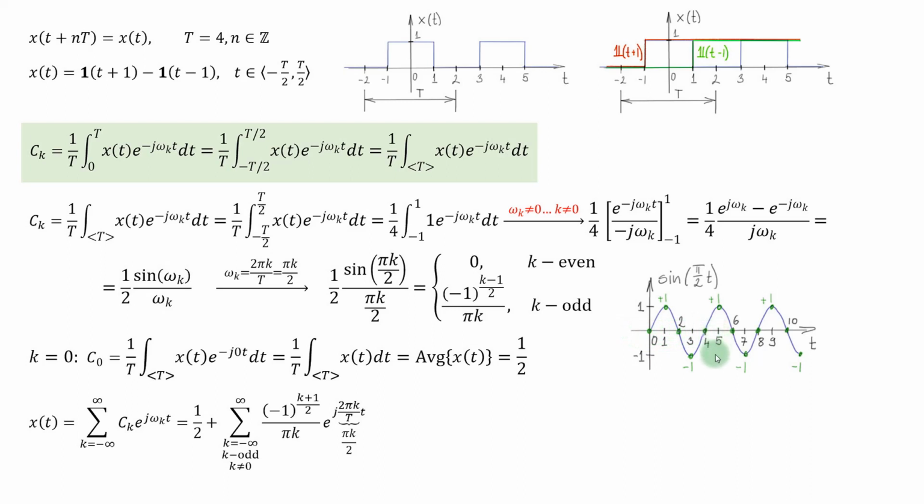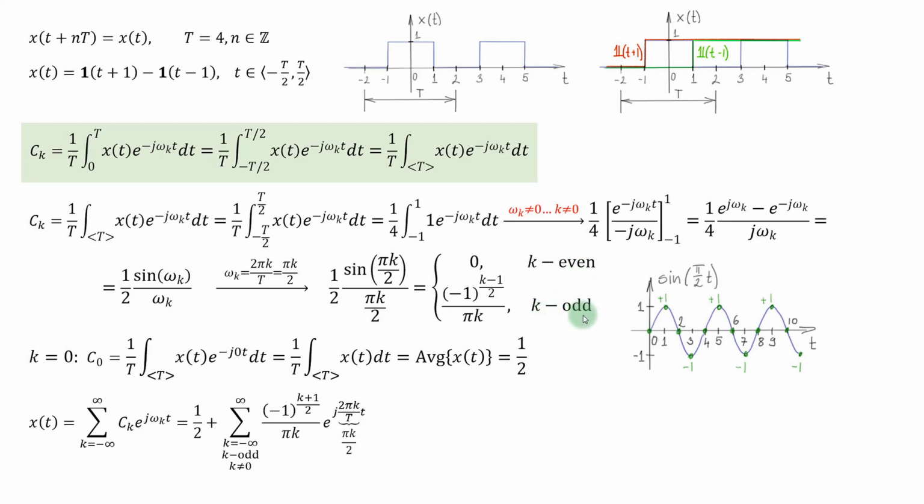What will that give me? Well, that will give me these green dots. And note that for k even, that is the values 2, 4, 6, 8, 10, these green dots are always 0. So this expression will be equal to 0 when k is even.